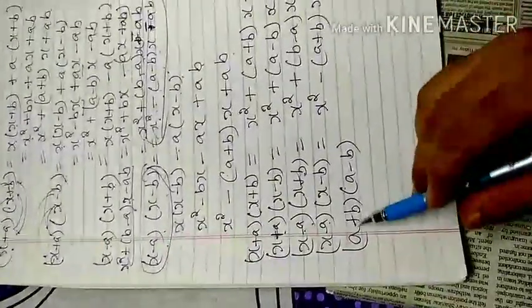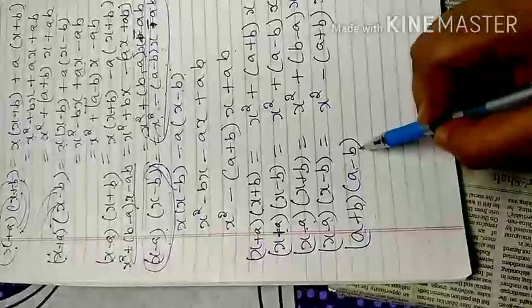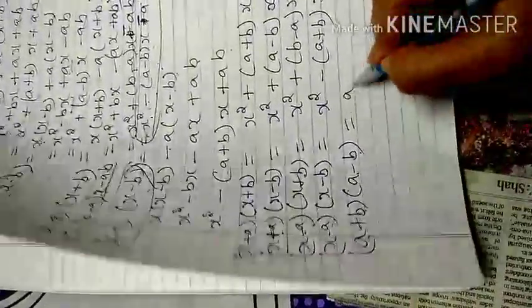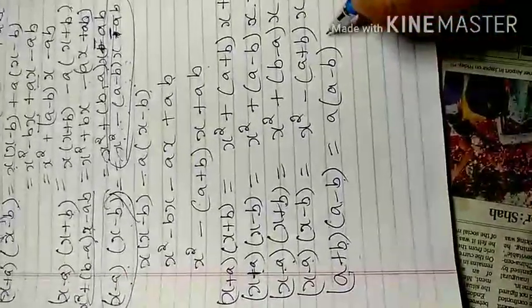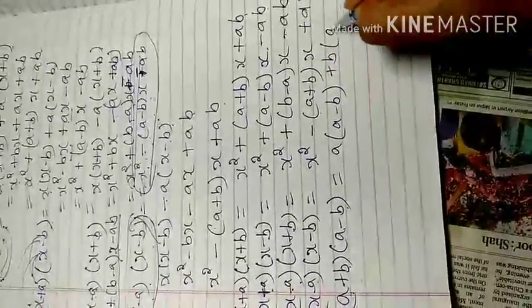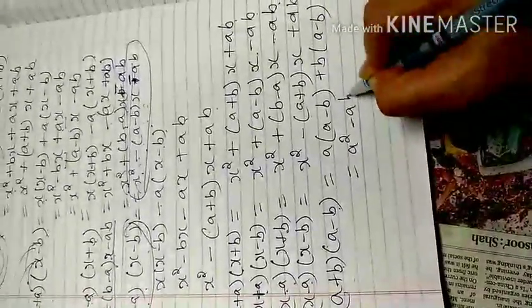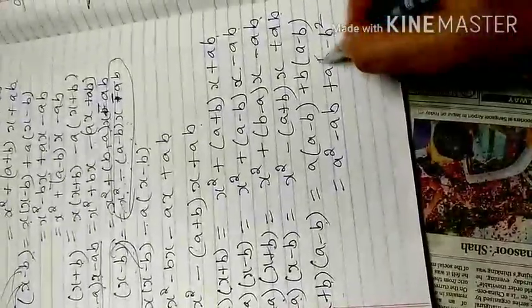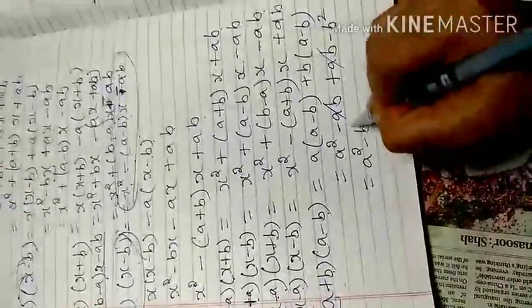But what happens if both terms are the same, like here (a + b) and (a - b)? So how will you create the shortest form of this formula? A into (a - b) plus b into (a - b), so that gives you a square minus ab plus ab minus b square. So that will be cancelled, and only a square minus b square remains.